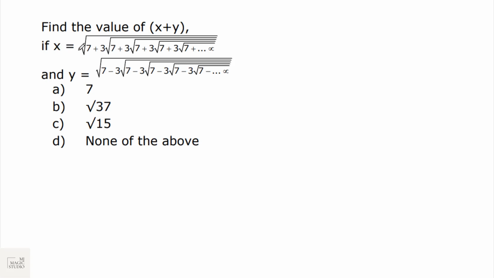Okay, x equals this first part and it is moving till infinity. If I do squaring on both sides, what will I get? x square equals 7 plus 3 into, again the next part is equal to x itself. Similarly, y square will be equal to 7 minus 3y. So I've got these equations, and from these two equations I need to find the value of x plus y.